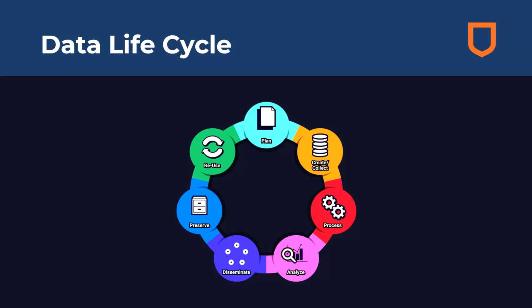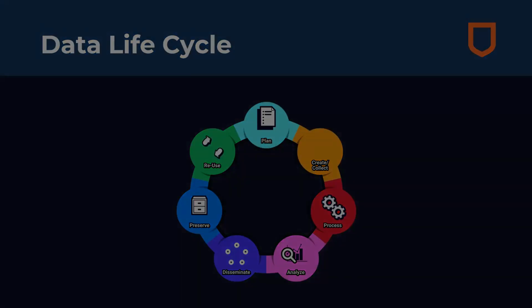The data lifecycle includes 7 steps: planning, creating and collecting, processing, analyzing, disseminating, preserving, and reusing. REDCap is useful for several of these steps, particularly planning, creating and collecting, processing, preserving, and reusing phases of the data lifecycle. And we'll go over how REDCap can support each of these steps.